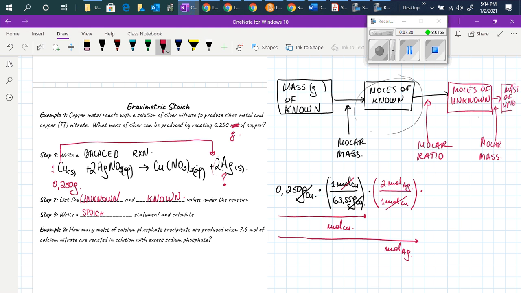And now we are looking for grams. What is the mass of silver produced? So now we go to the molar mass of silver, which again in your data booklet is 107.87 grams per mole, which means that if we have 1 mole of silver, then we have 107.87 grams.